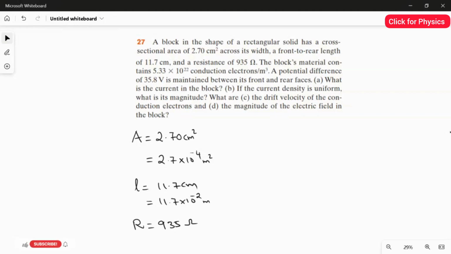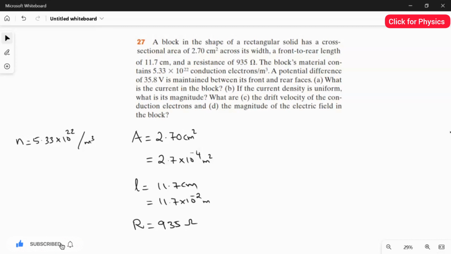And in this rectangular block, which is a solid conductor, for sure it will have the conduction electron. So how many conduction electrons you have in this volume of the rectangular solid? You have 5.33 multiply 10 power 22 conduction electron per meter cube.